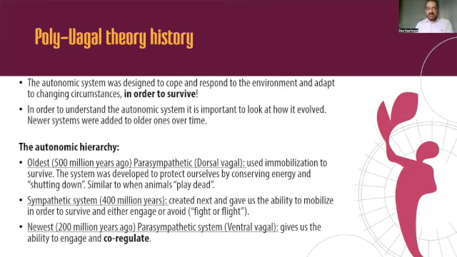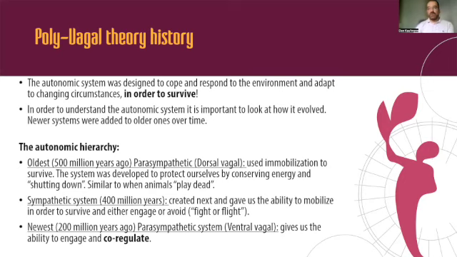That is similar to that archaic system, a complete shutdown, where we think that the animal is dead, but it's actually not. It's just completely shut down. That strategy first originated at that point in time, and that was the first indication of the autonomic system as we know it today.